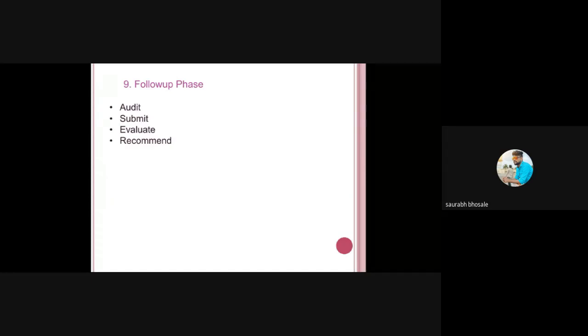Okay, the last one is the follow-up phase. So follow-up is nothing but checking whether we are achieving our goals according to the timeline or not, and taking corrective steps or decisions to match up with our goals.